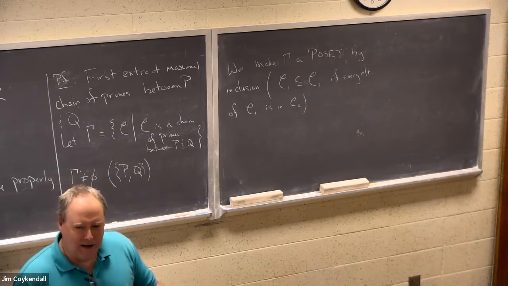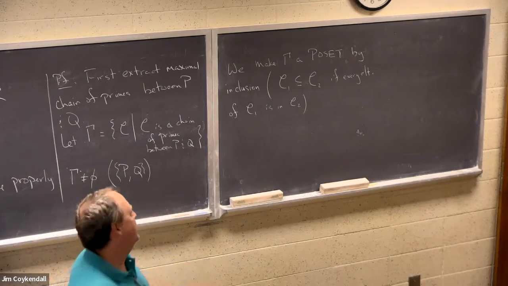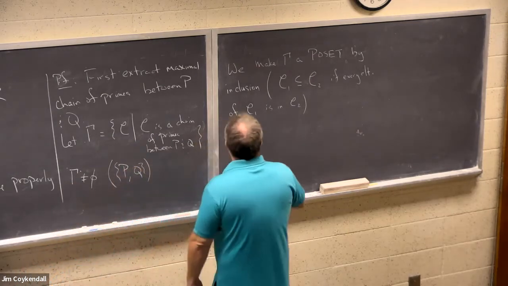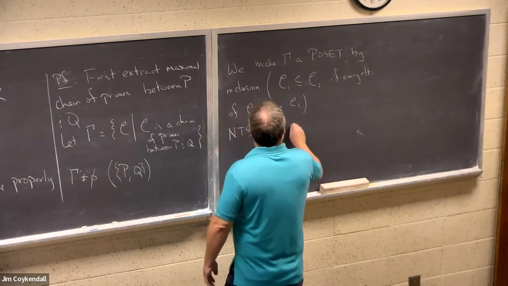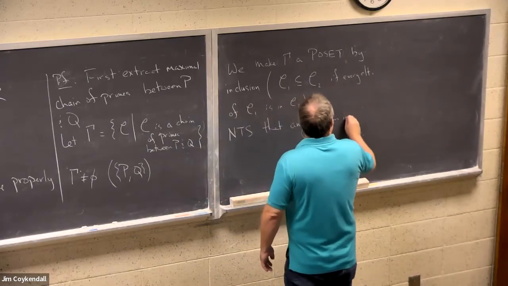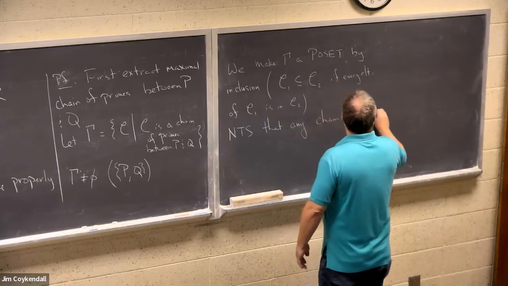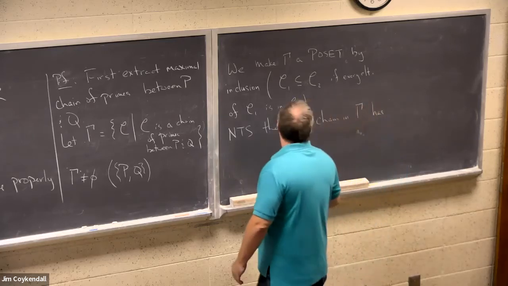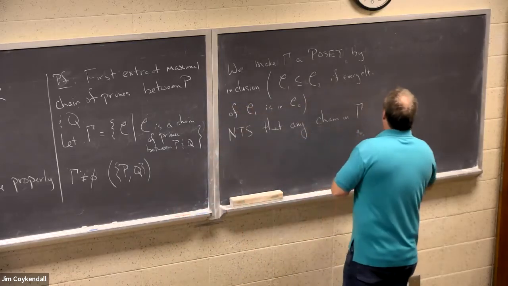We need to show that any chain in this poset has an upper bound. So it's a chain of chains of primes. We need to show that any chain in gamma has an upper bound. Let me call this chain something.